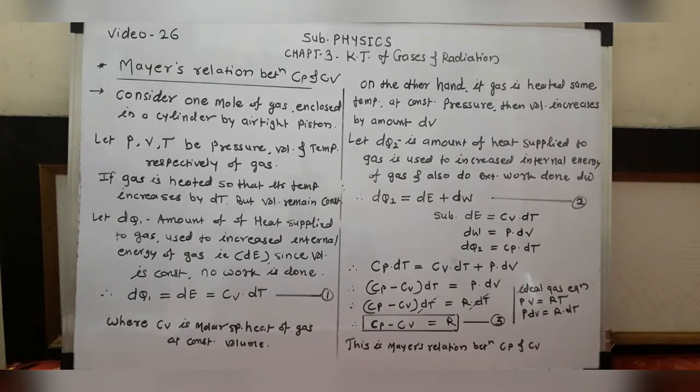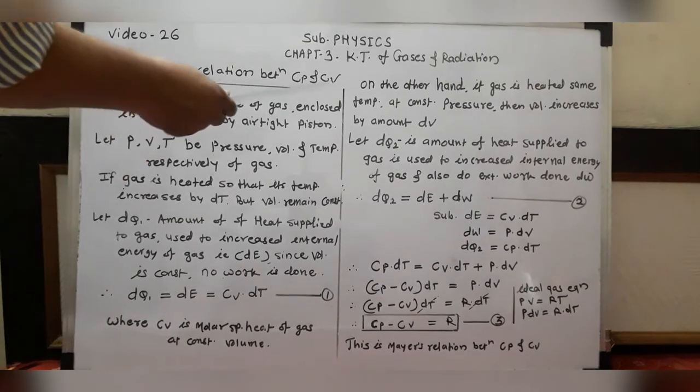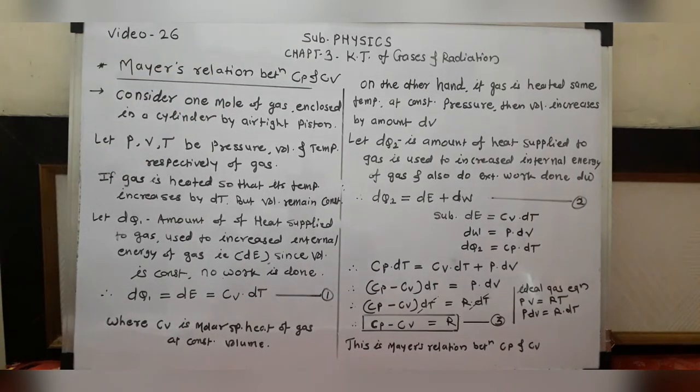And if instead of constant pressure we say constant volume, then this is Cv, that is the quantity of heat required to raise the temperature of unit mass of gas through 1 degree Celsius or 1 degree Kelvin by keeping the volume constant, the specific heat at constant volume.